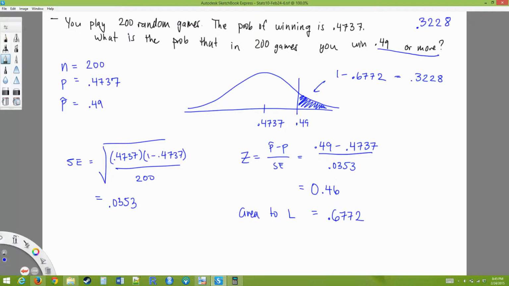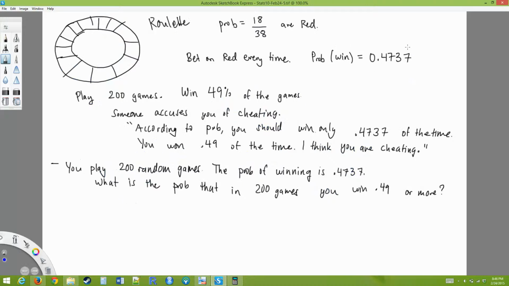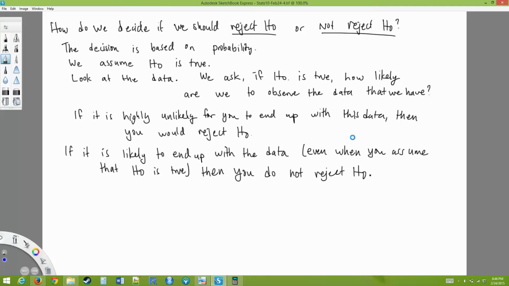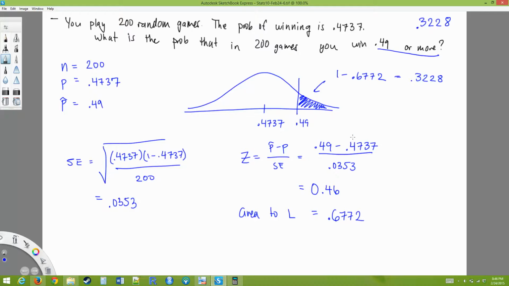All right, so going back, okay, someone says, you should win only 0.47 or 47% of the time, and you won 49% of the time. I think you're cheating. And so you say, no, I just happened to get a little lucky. And in fact, it's not that weird that I won 49% of the time.